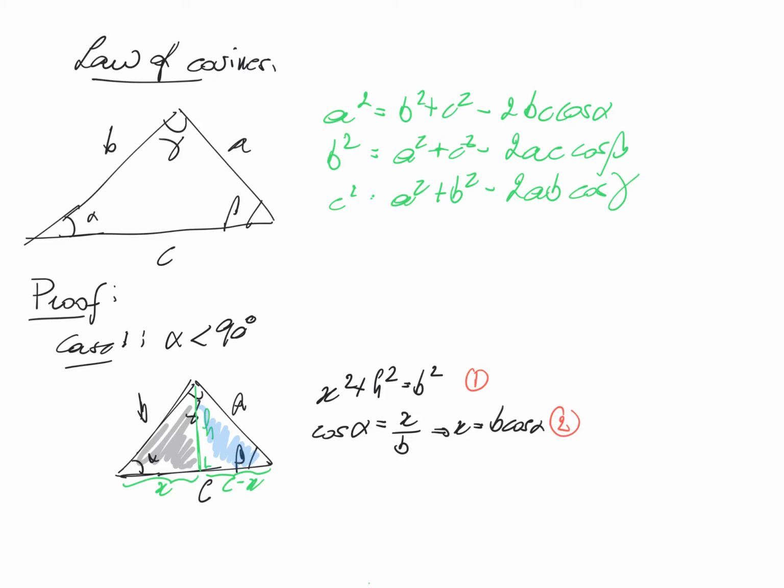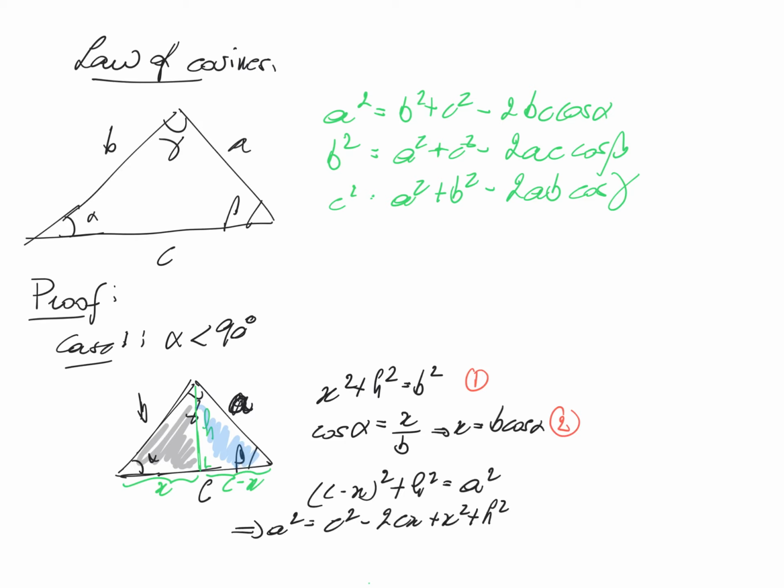For this one we see that c minus x squared plus h squared equals a squared, where this is the side A. If we work out the squares, we find that a squared is c squared minus 2 times c times x plus x squared plus h squared.